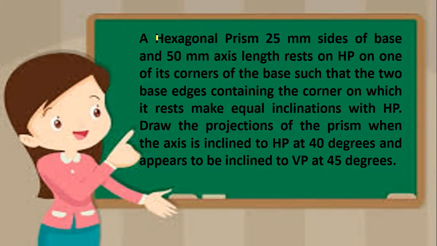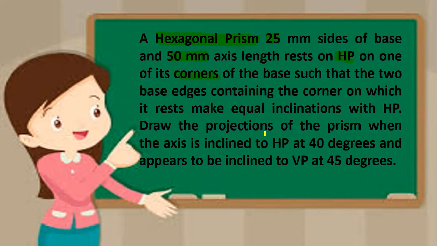So our solid is a hexagonal prism. The side is equal to 25 mm and the height of the prism is equal to 50 mm, resting on HP on one of its corners of the base.